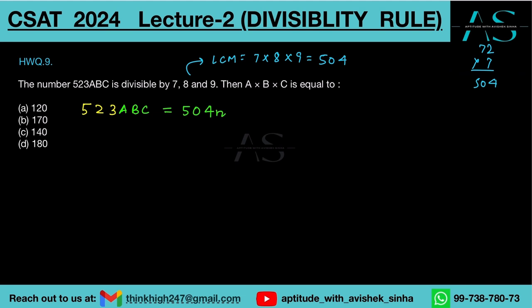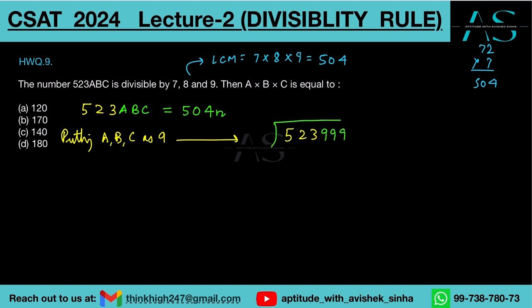That is how you show the multiple sign. 504n means it's a multiple of 504. Now, putting A, B and C as 9. What is the number that we get? 5, 2, 3, and then putting ABC as 9 is 999.